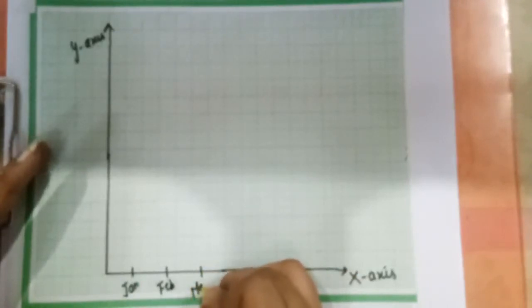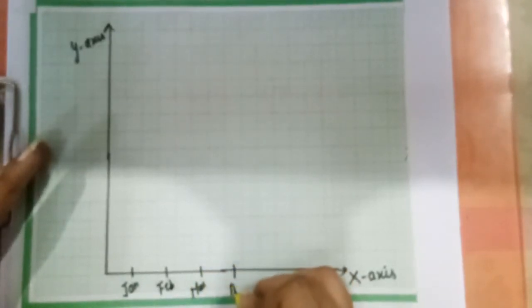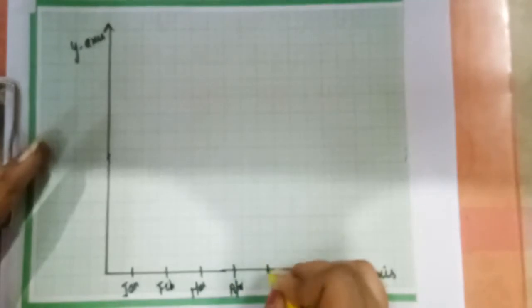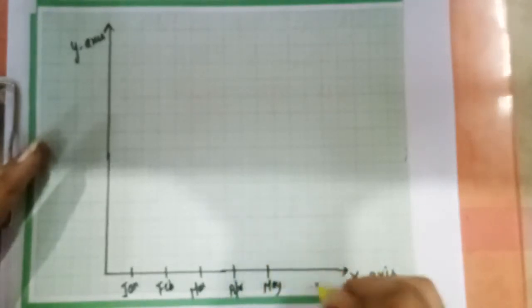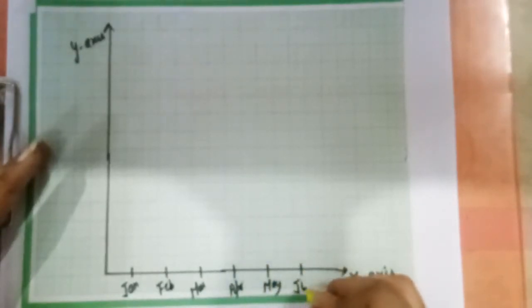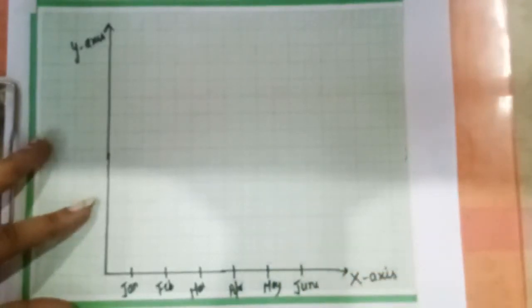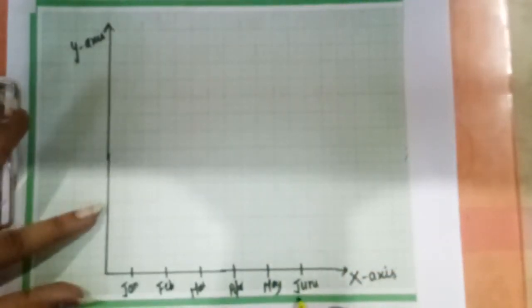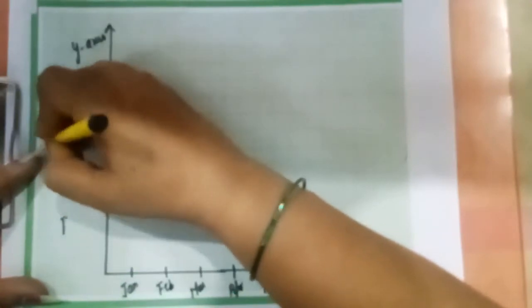This is March, April, May and June. Right. So on the x-axis I am taking months, and on the y-axis I am taking the number of boxes.